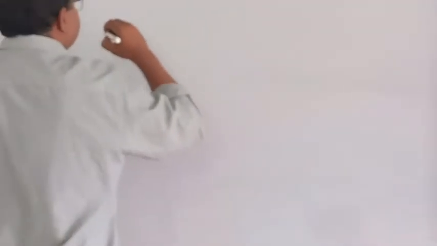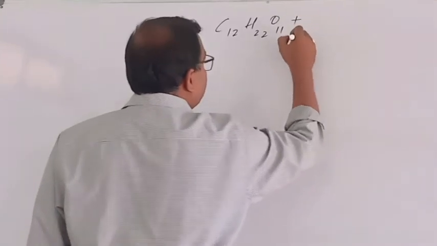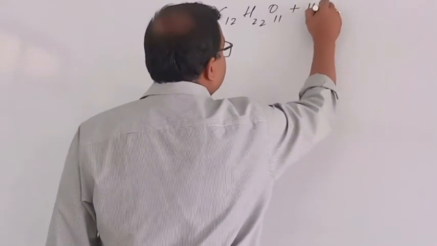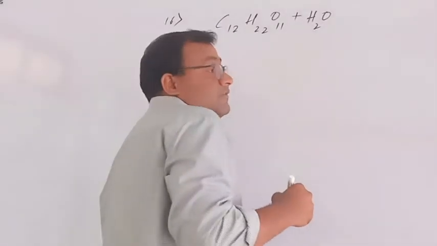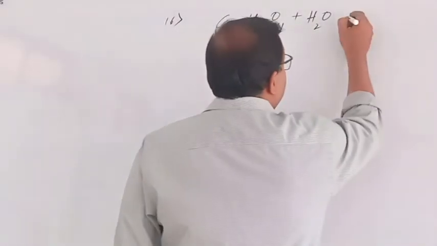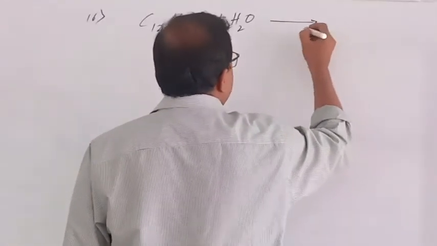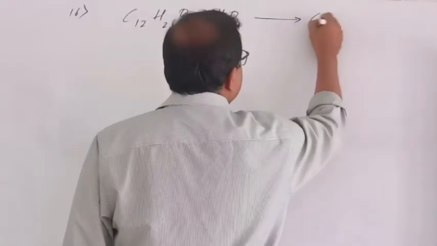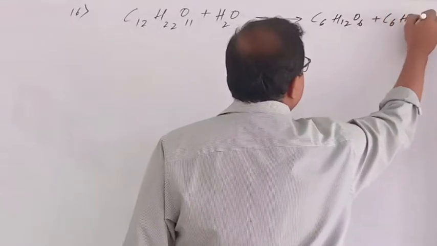We have studied this particular reaction under pseudo first order reaction. C12H22O11, when it combines with water, H2O, in presence of some catalytic conditions with concentrated H2SO4, or in presence of yeast invertase, which is an enzyme, can convert this to C6H12O6 plus C6H12O6.